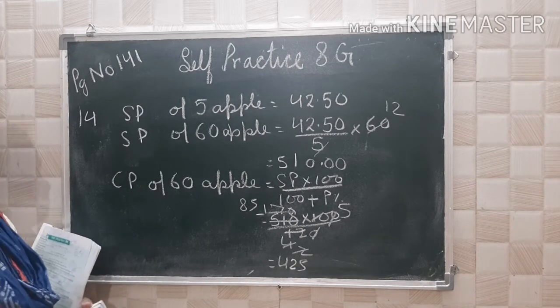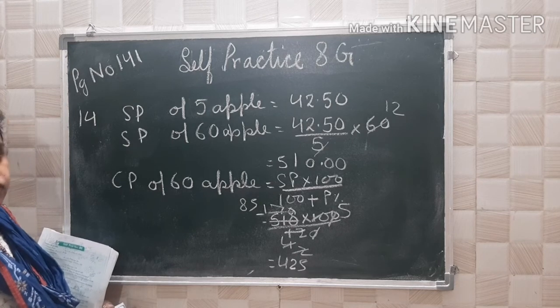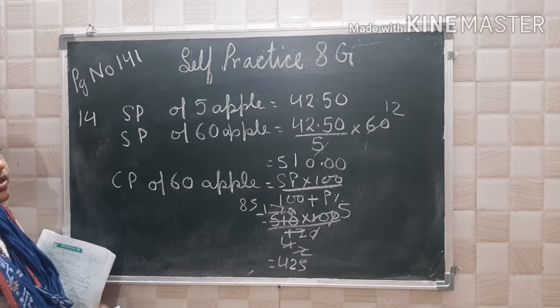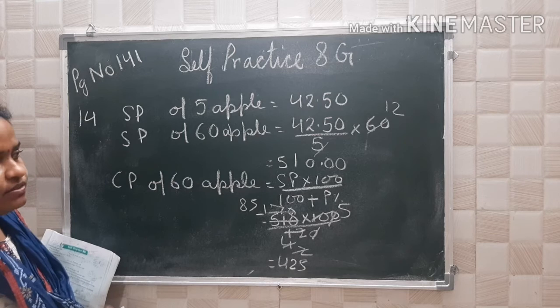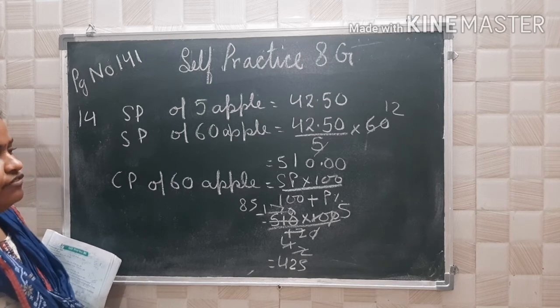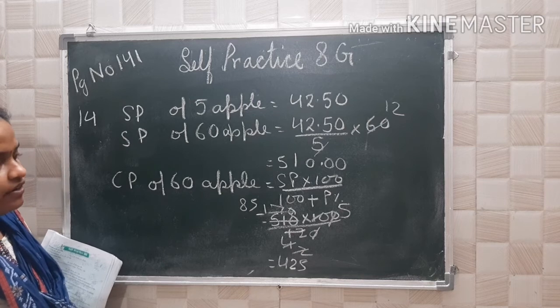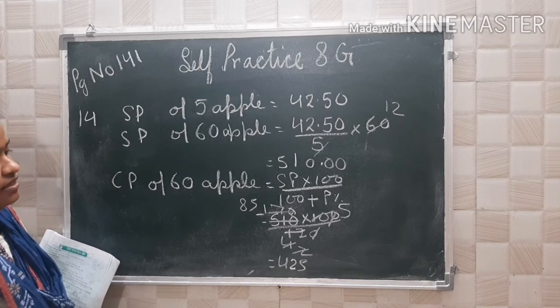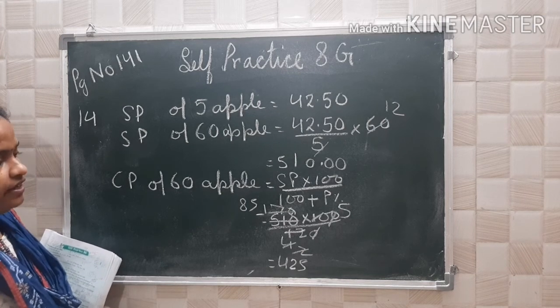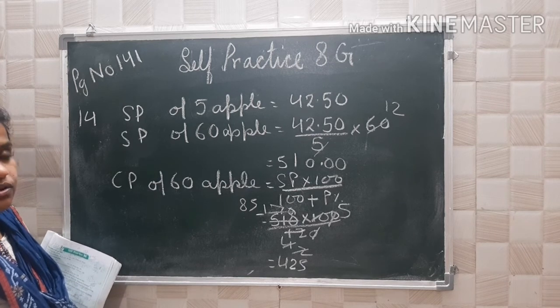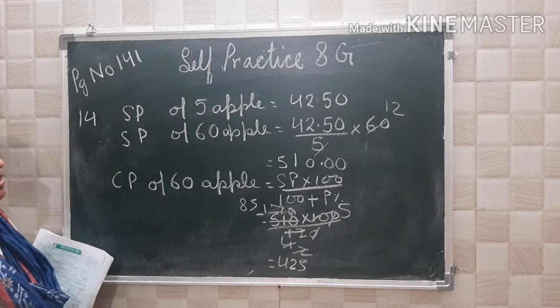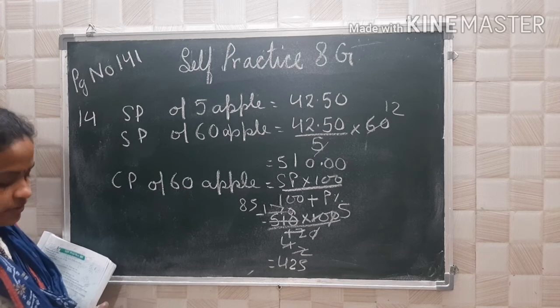Once more, SP of 5 apples is 42.50. The SP of 60 apples is 42.50 into 60 by 5, which is equal to 510. CP of 60 apples is SP into 100 upon 100 plus profit percent. 510 into 100 upon 120 is equal to 425. So the CP of 60 apples will be 425.